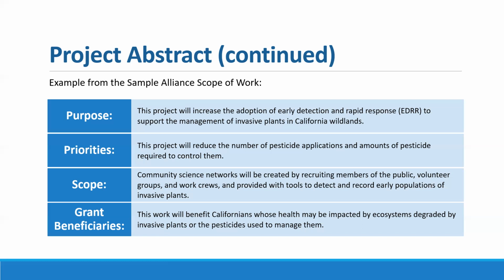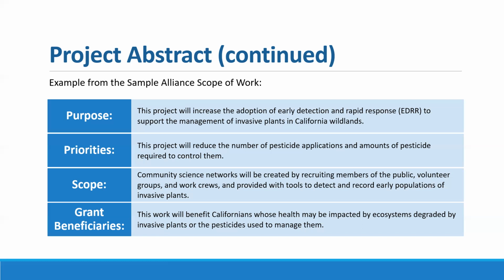There's a sentence on scope. You see community science networks will be created by recruiting members of the public, volunteer groups, and work crews, and provided with tools to detect and record early populations of invasive plants. And then finally, there is a sentence that focuses on the grant beneficiaries. So this work will benefit Californians whose health may be impacted by ecosystems degraded by invasive plants or the pesticides used to manage them.